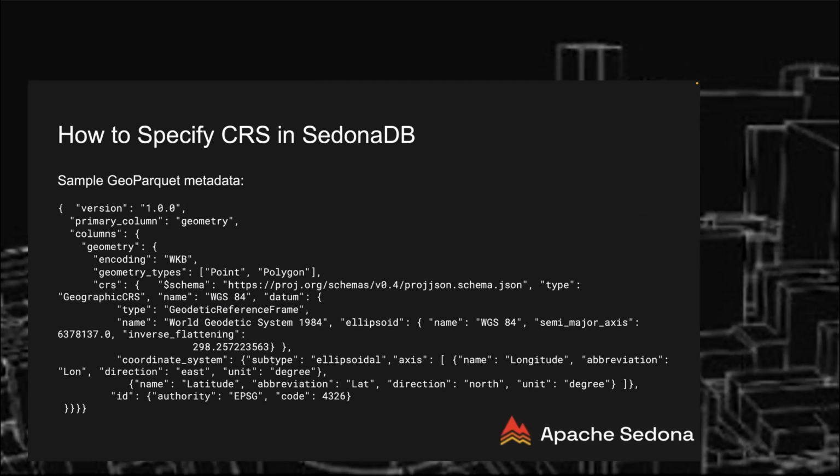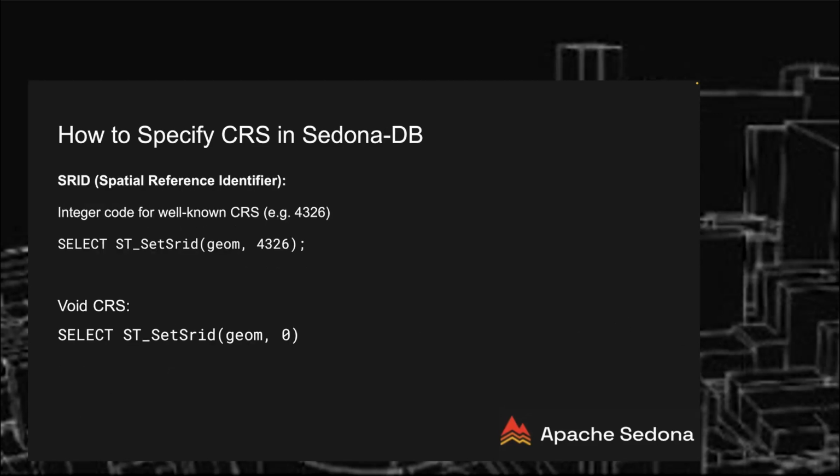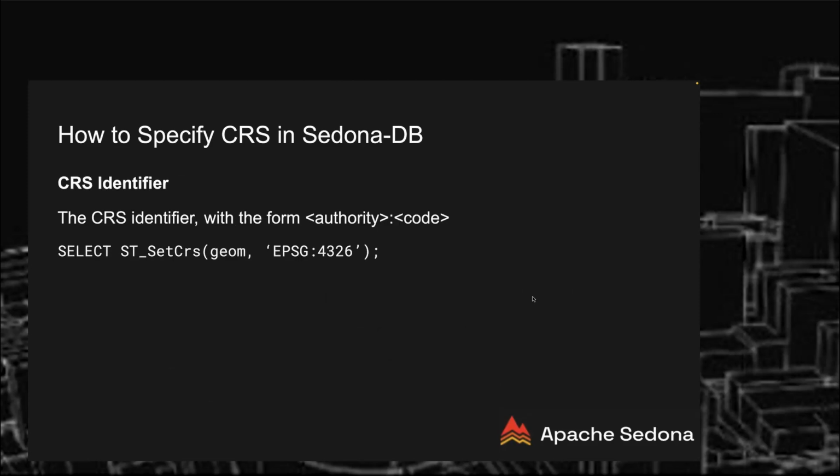For example, from the GeoParquet, we can pull this CRS information directly from the metadata. However, if it has not been set, SedonaDB provides the standard ST_SetSRID, which assumes EPSG code authority and allows you to void the CRS with that zero code.